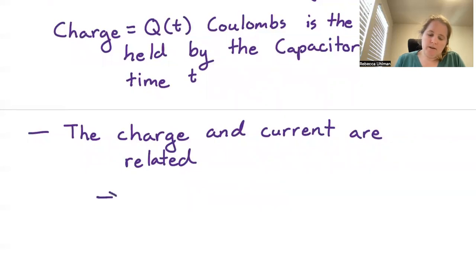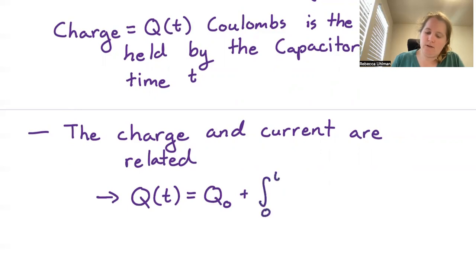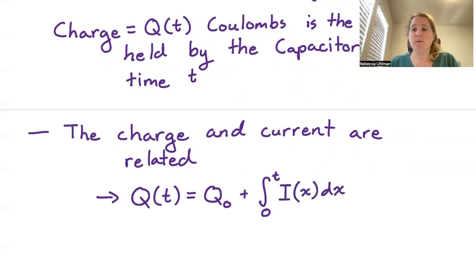We wind up getting that the charge Q of t is just the initial charge plus the definite integral from 0 to t of the current I of x dx. So we're essentially looking at the total current to pass over a period of time through the capacitor.